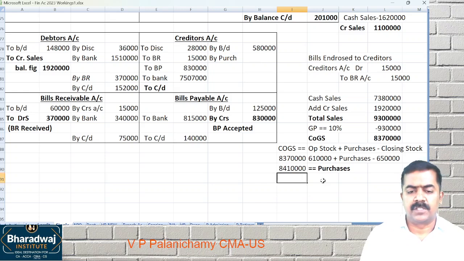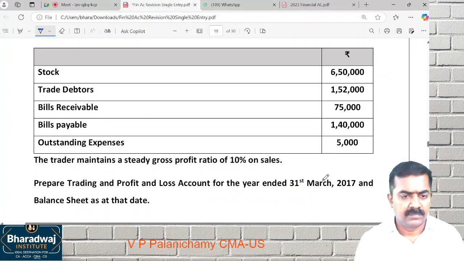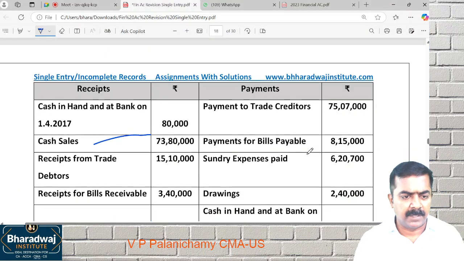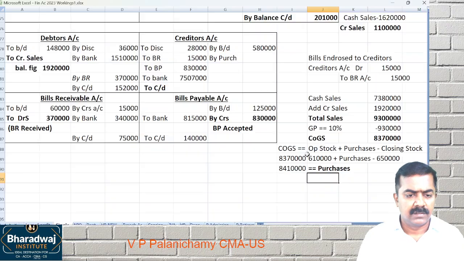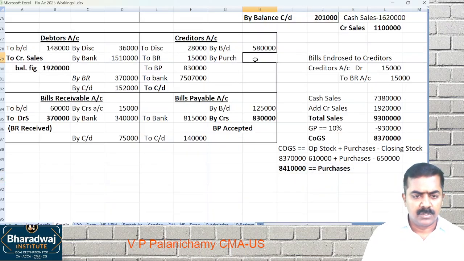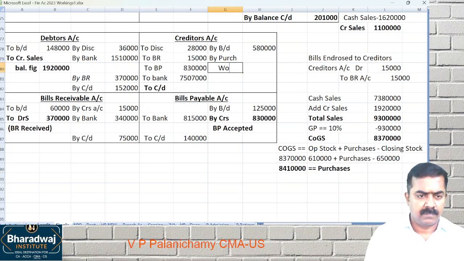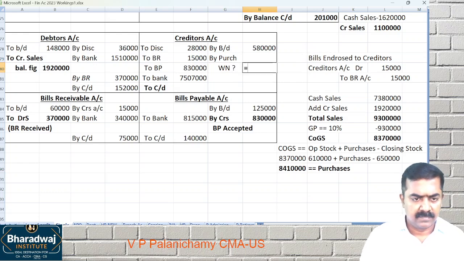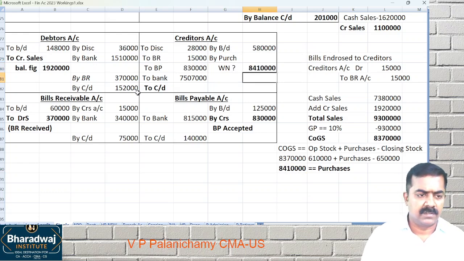Is any cash purchase given? Check the payment side. No cash purchases. So purchases are 84,10,000. So we worked out purchases here; refer to the working note. 84,10,000.